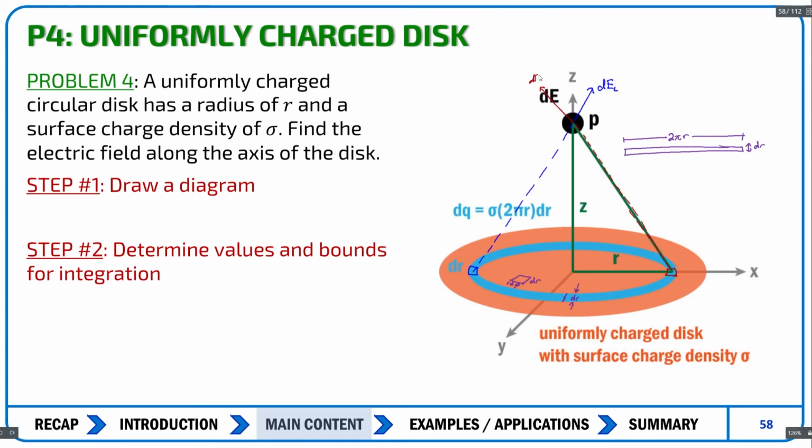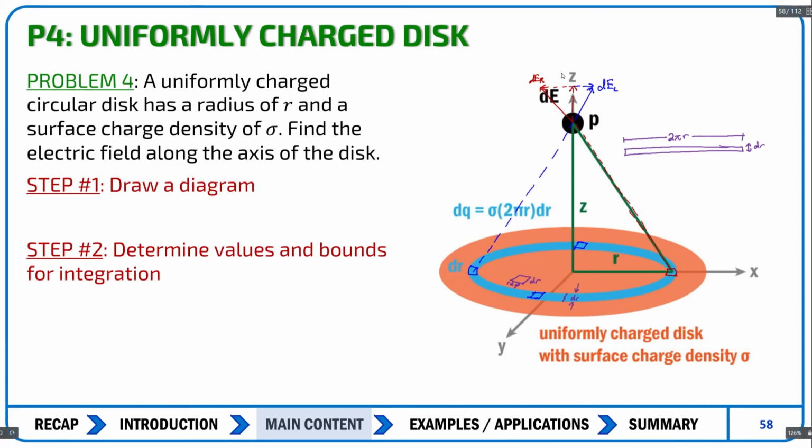We have dE from the right side. This tells me that dEx and dEy are going to cancel each other out. So anything on the XY plane will cancel each other out because there is an opposing dE component from the other side. The only thing that can't cancel out is the Z component.